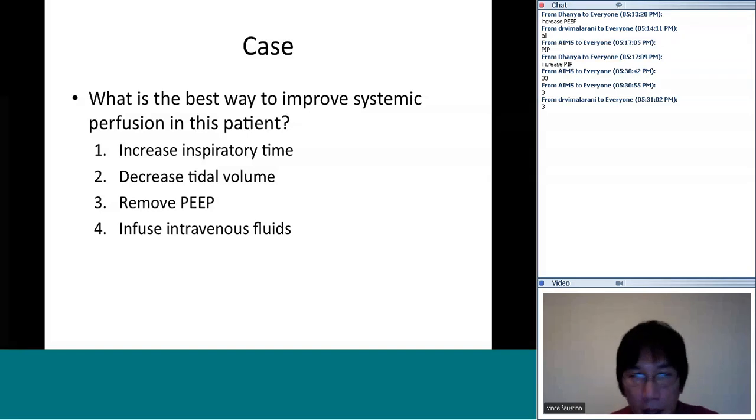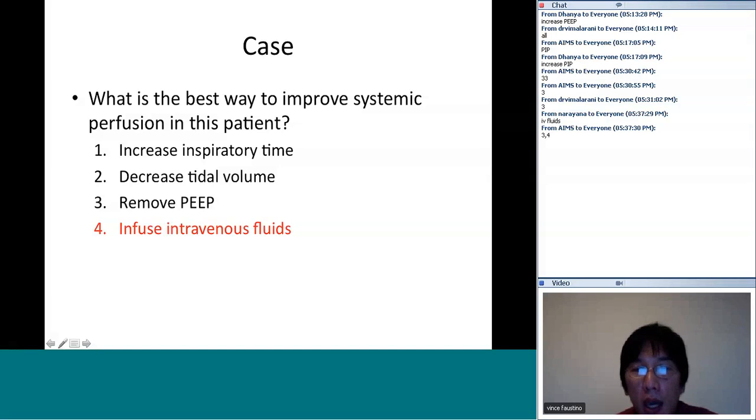Okay, so the best answer is actually to infuse intravenous fluids. So why not increase your I-time? As I mentioned, if you increase your I-time, your mean airway pressure increases, and that actually worsens your perfusion. You can decrease your tidal volume, but I don't know what the patient's initial tidal volume is.